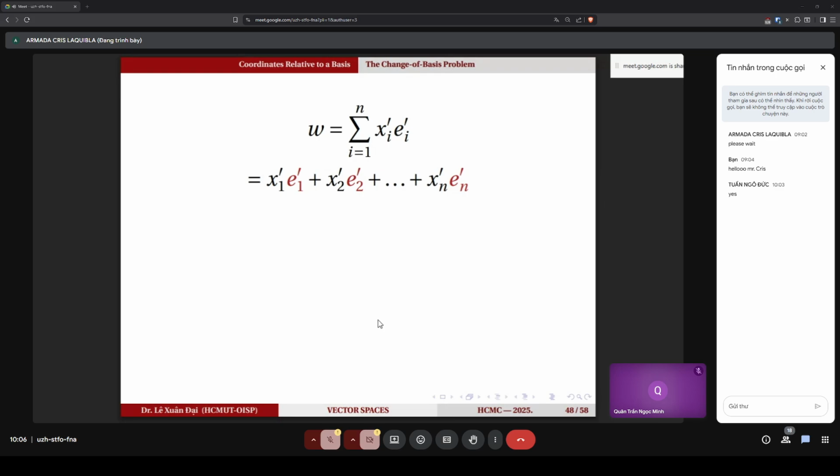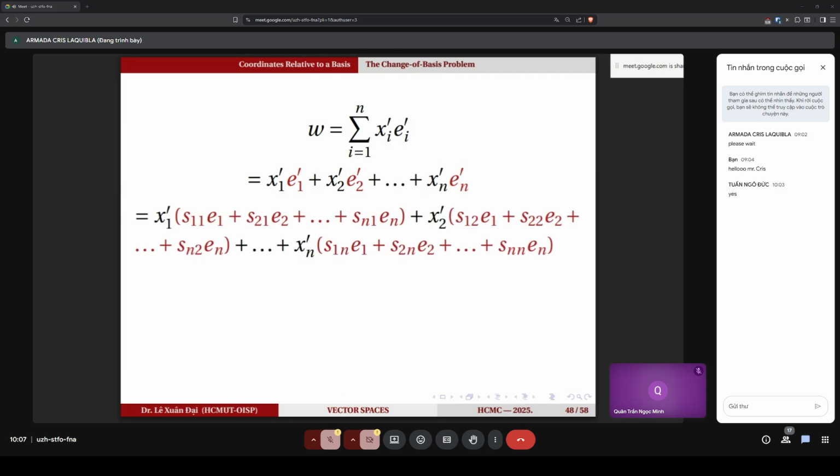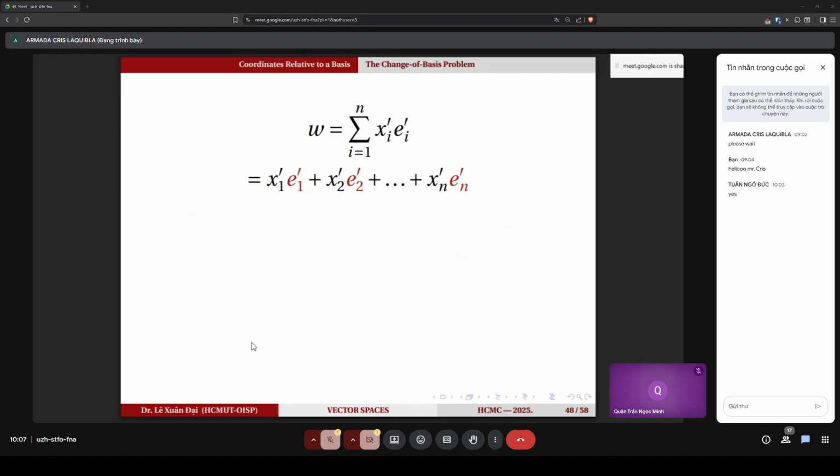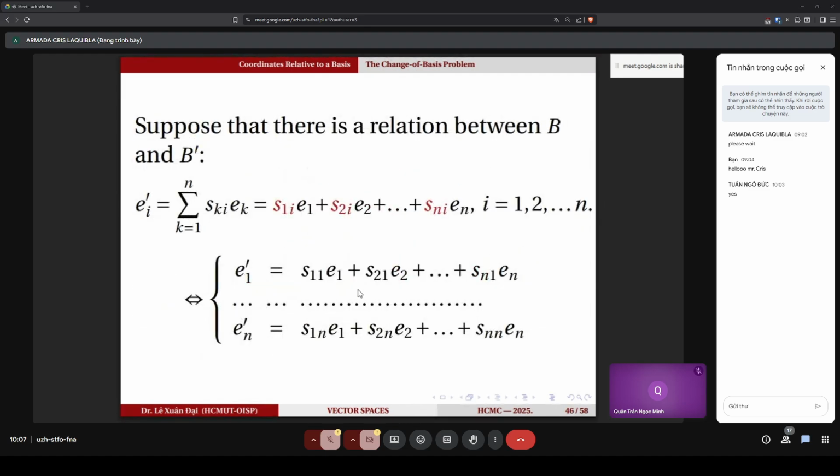W is equal to that summation of xi prime ei prime. Then x1 prime e1 prime, and so on; this is the summation where you substitute 1 first, then 2, and then the last is n. Now your e1 prime value is equal to that one because of this.